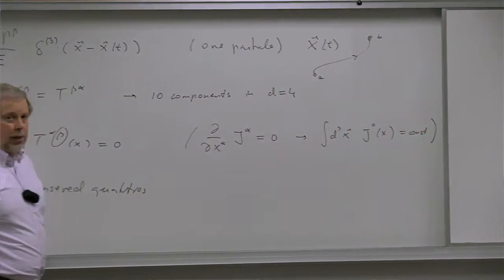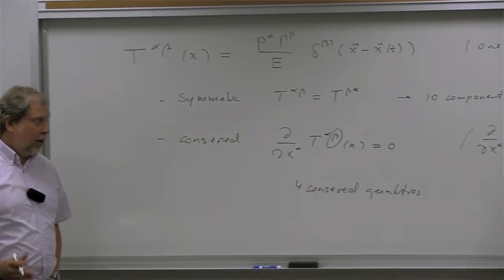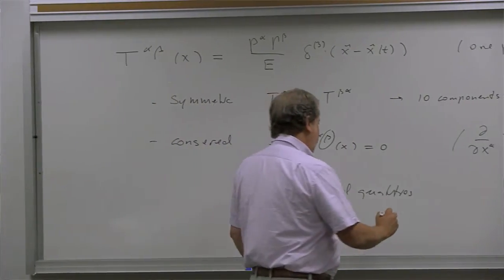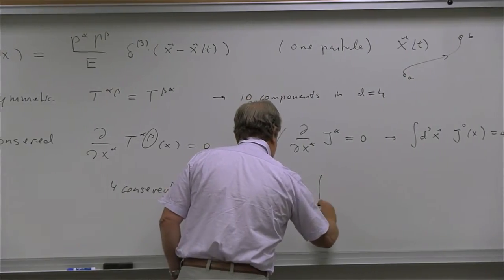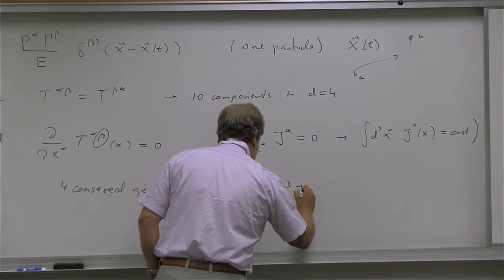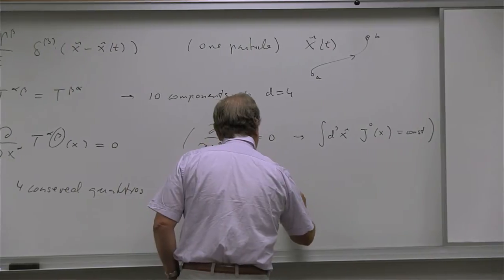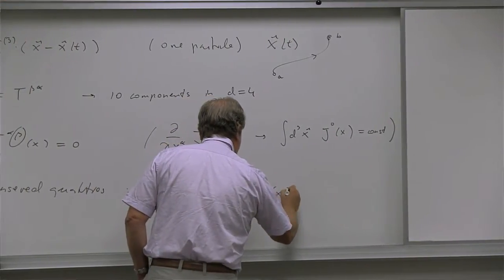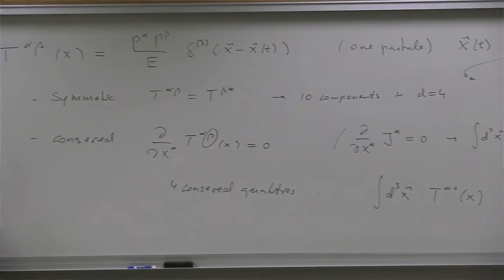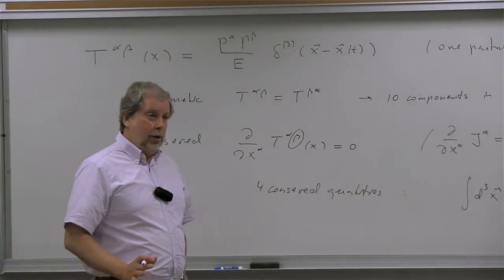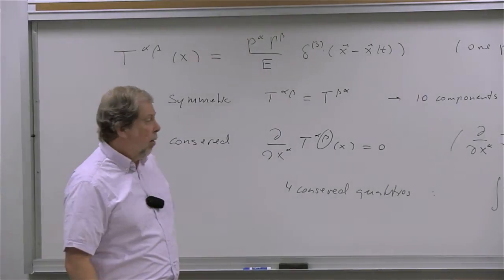So in electromagnetism, you only have 1 conserved quantity. Here you have 4 of them, and so these are the quantities that you get by integrating in d3x of T alpha 0 of x. Right? When you take the naught component of the T alpha beta, then you're still left with 4 components.